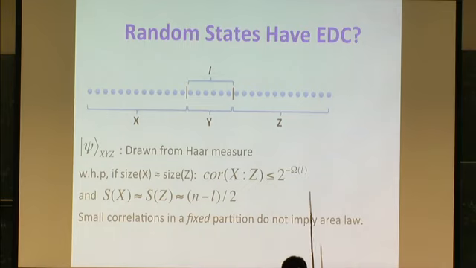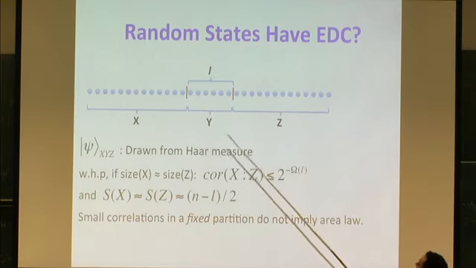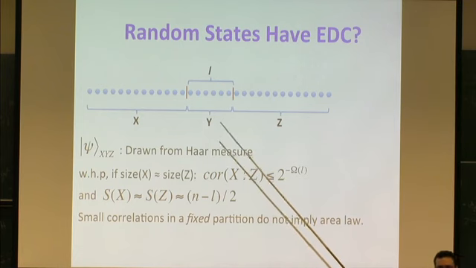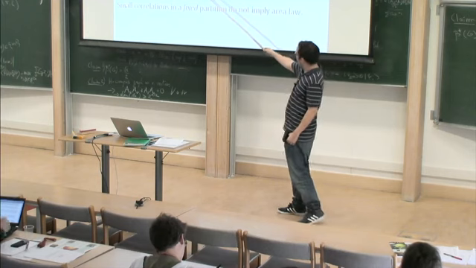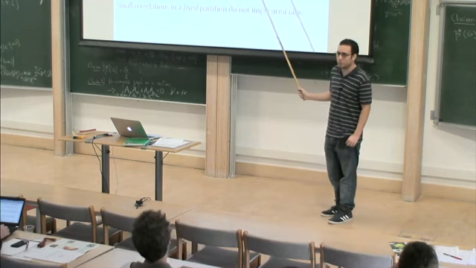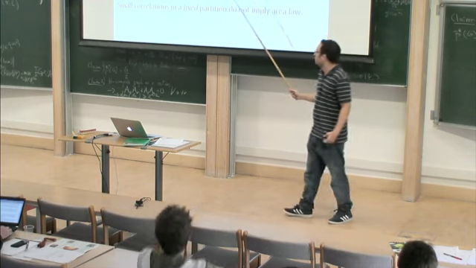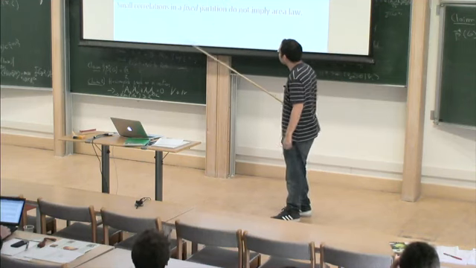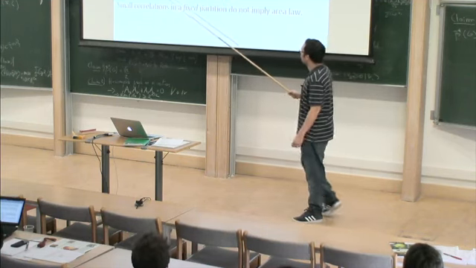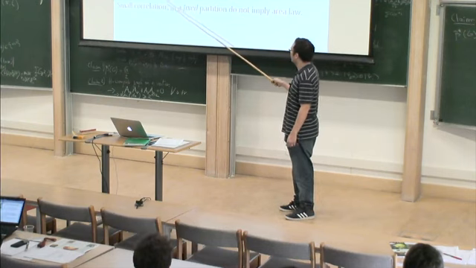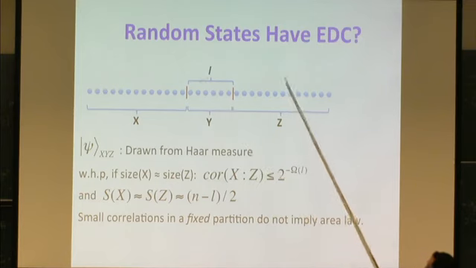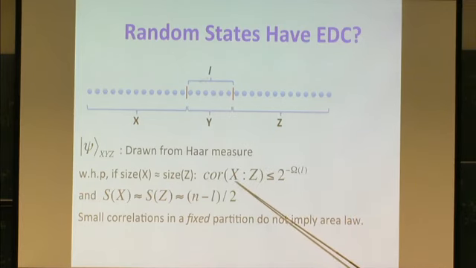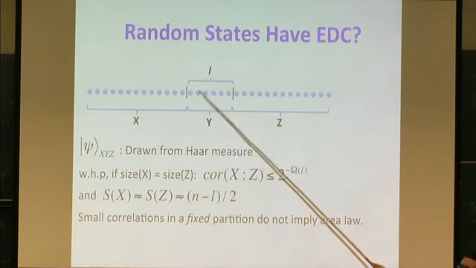Before outlining the proof, let's consider a toy example that will teach us something useful about this problem, which is random states. Suppose we pick a state on n qubits at random from the Haar measure. Then you can compute things, and you see that if the size of x is approximately the size of z, then the correlations between x and z will be exponentially small in the separation.